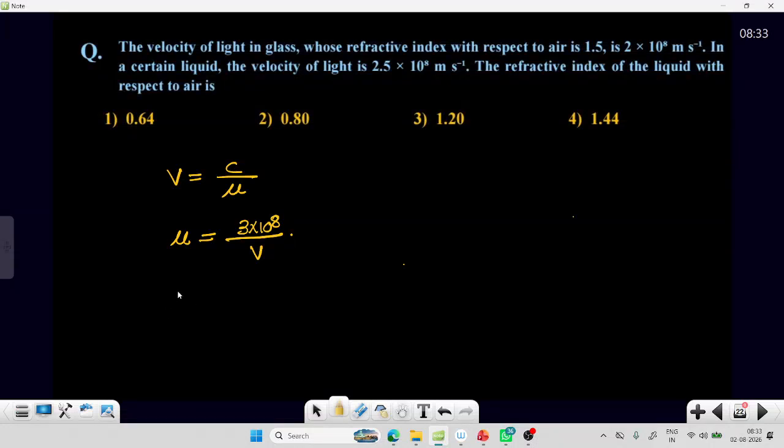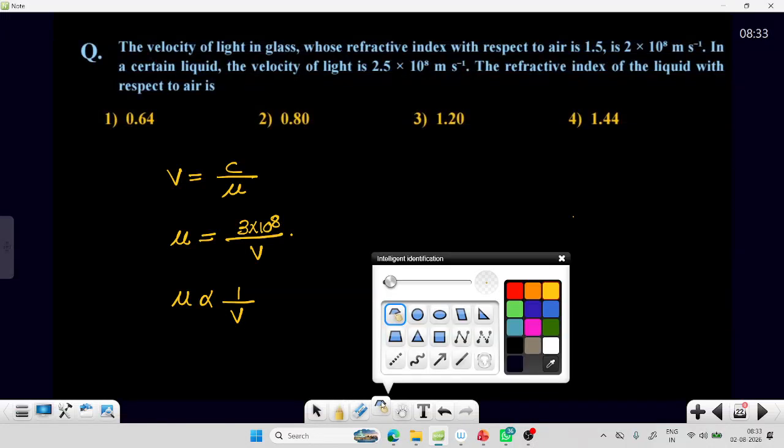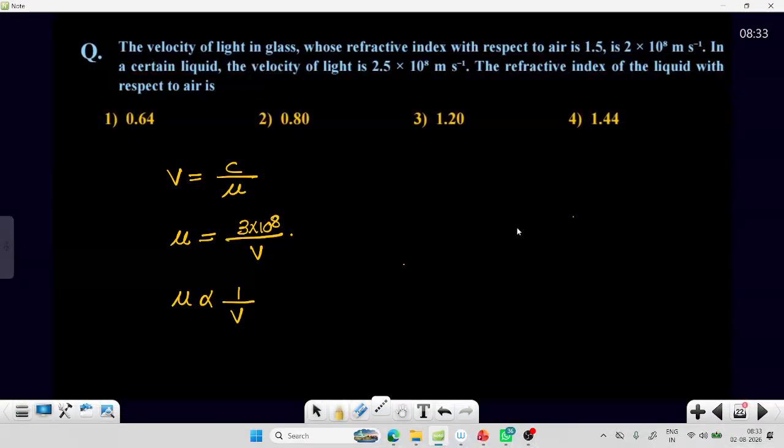Now, the refractive index is inversely proportional to the speed of light, since 3 into 10 power 8 is a constant. So from this we can write mu1 by mu2 equal to V2 by V1.